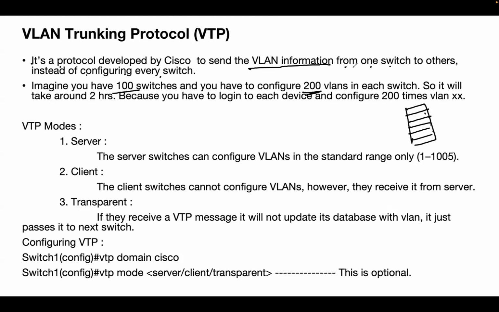So there are 10 floors, and on each floor I have hundreds of switches, and each switch has 200 VLANs we have to configure. It will take around 2 hours just for one floor. And you need to go from the first floor, second floor, third floor. We have to log into each and every switch and configure 200 VLANs, which is not a feasible option.